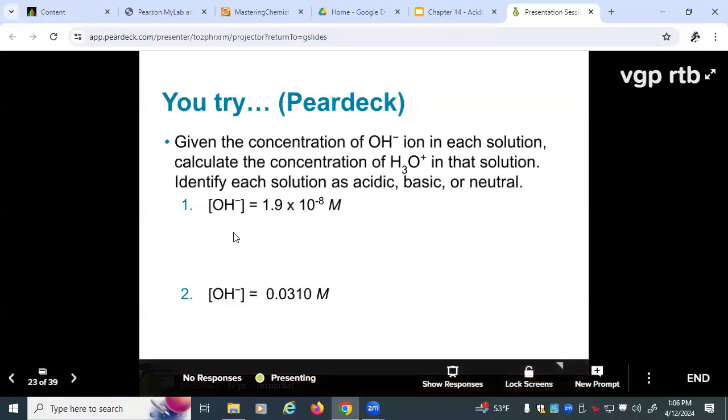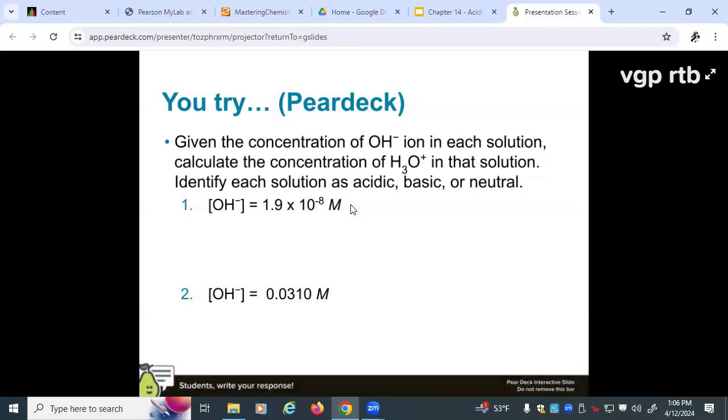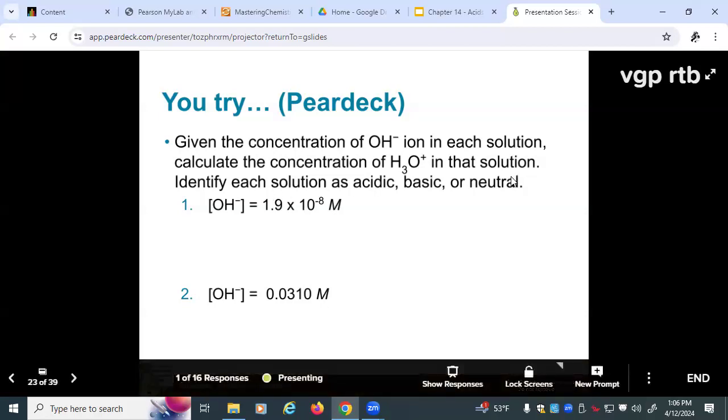So the question is this: given our concentrations of hydroxide ion in each solution, calculate the concentration of hydronium in the solution and determine if it's acidic, basic, or neutral.